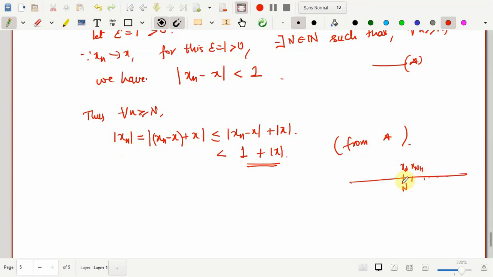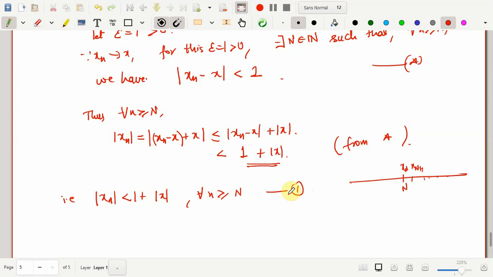Only for these terms am I able to make mod of xn less than some fixed positive quantity. So I'll write down that we have mod of xn is less than 1 plus mod of x for every n greater than or equal to N. I'll call this expression 1.